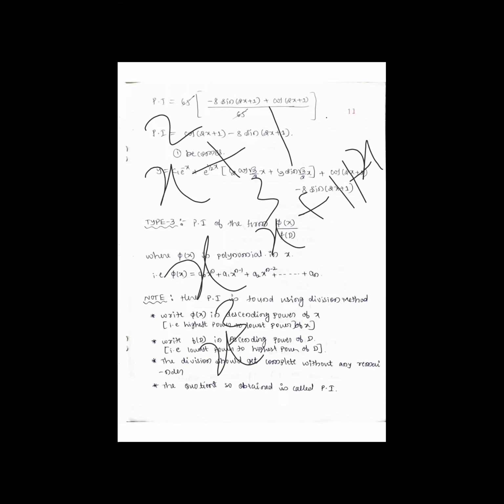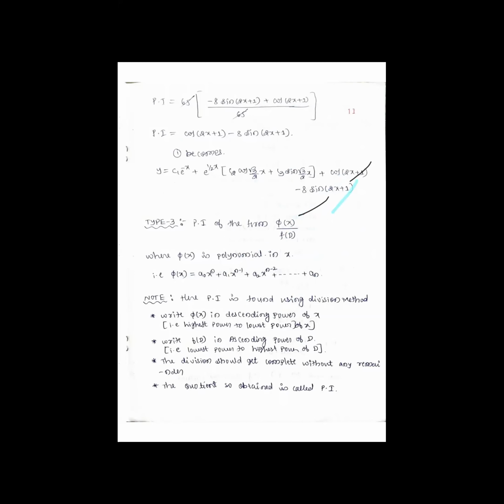I'll give an example: x square plus 1, x cube plus 1 plus x square, x square plus 2x, whatever it may be, these are all called polynomials. That's what I have given as a general form here. You can assume anything. This is nothing but a polynomial.